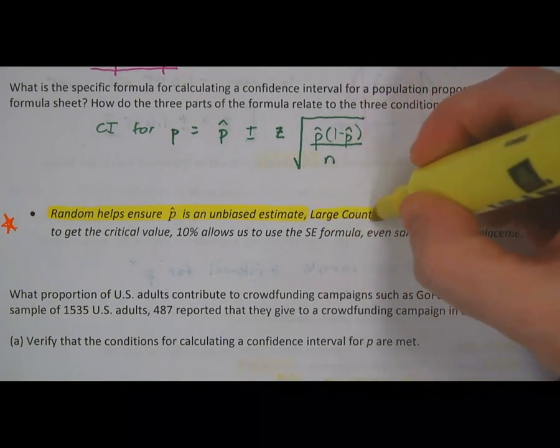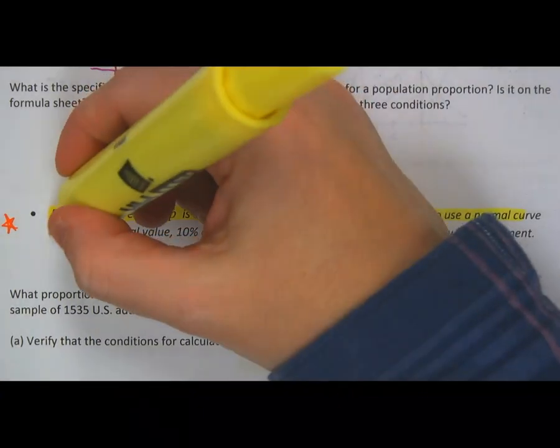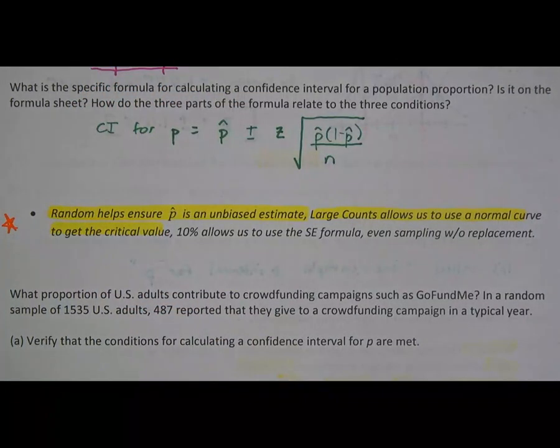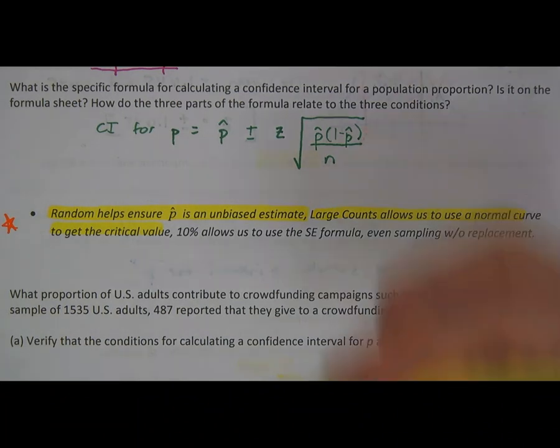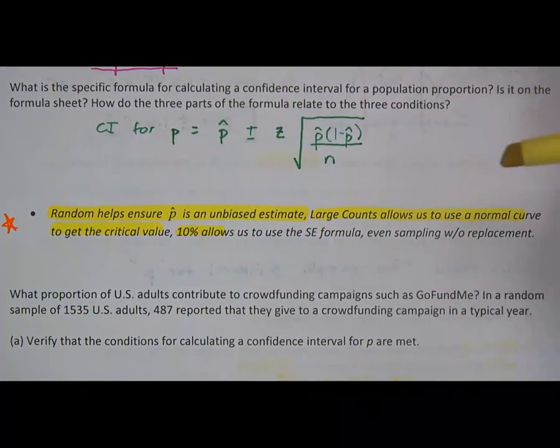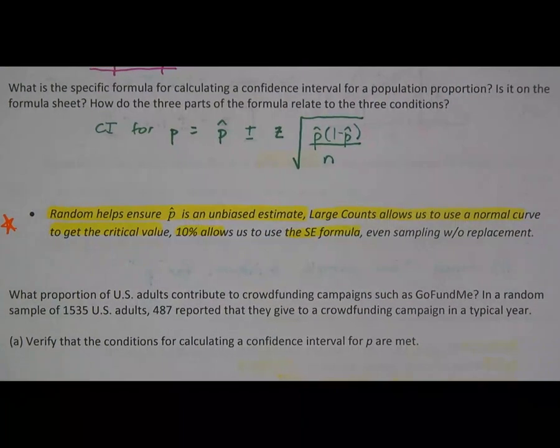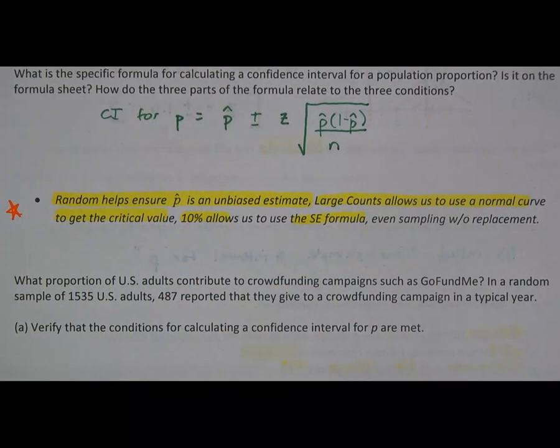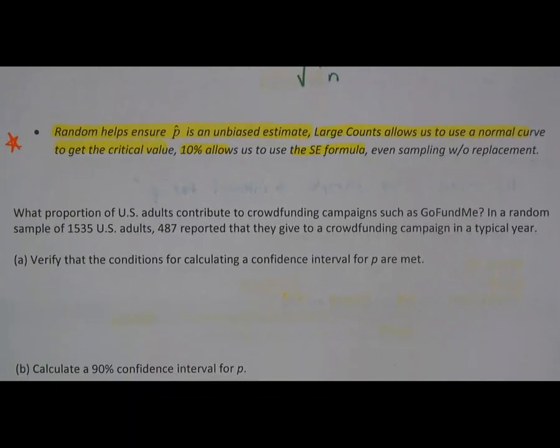The large counts condition tells you about the shape. It allows us to use the normal curve, to use the inverse norm feature in the calculator to find the critical value. And the 10% condition allows us to use the standard error formula, even when sampling without replacement. So that's the value of those. That's why we take a second and check them.